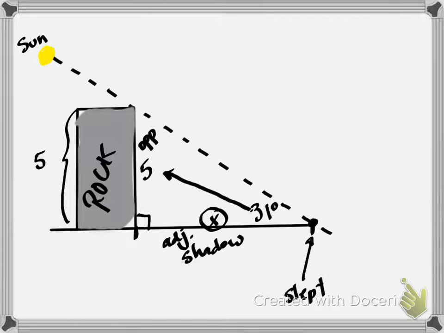And so we want to say opposite and adjacent, that's tangent. So the tangent of 31 is equal to 5 over x. Our side opposite divided by our adjacent side. Now if I solve that for x, I should have the distance from the rock to his sleeping position.